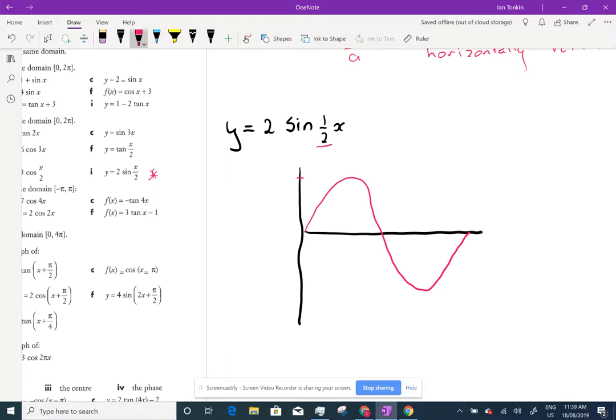First of all, we know it goes from 2 to minus 2 because the amplitude has changed, but we only get half a graph. So we only get it up to 2 pi. This bit doesn't exist, or it's not part of the curve that they want. They only go from 0 to 2 pi.